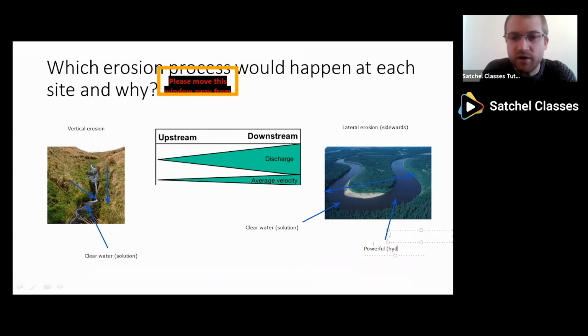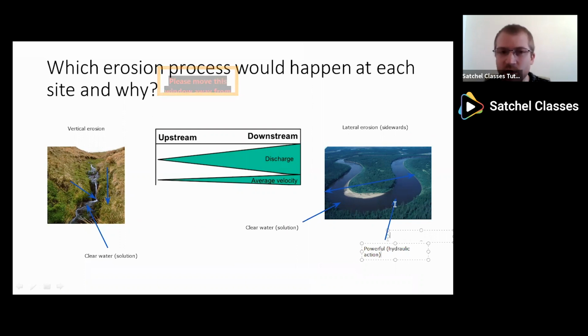So therefore we can assume that hydraulic action could be taking place because the river's energy is high. And that will typically happen at the edge or the outside of a river bend. Okay, but that's another lesson when we look at landforms.